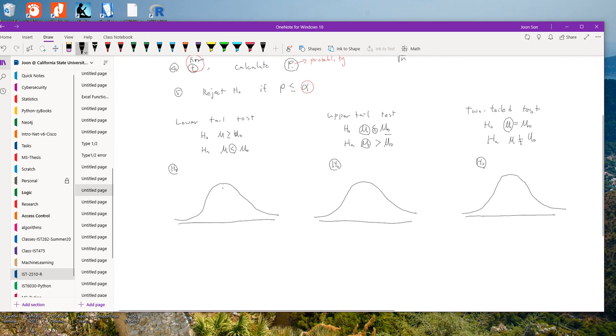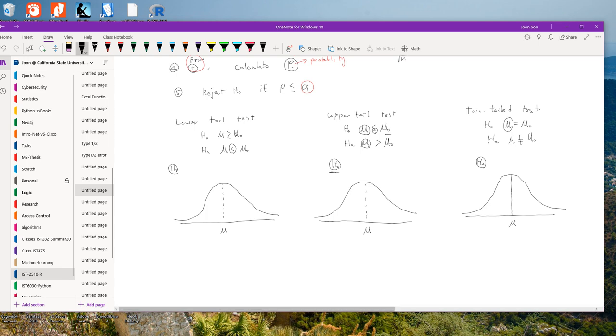So that means the center of the sampling distribution of a sample mean is mu, the population mean, the same for three cases, because our starting point is that the null hypothesis is true. So the sampling distribution of the sample mean follows a normal distribution whose center is mu, right?